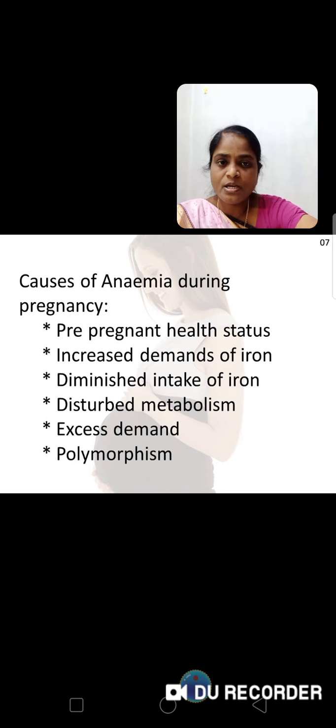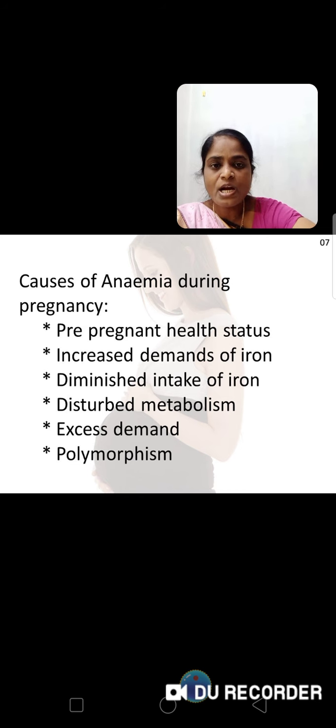And yearly, frequent pregnancy, prolonged lactation, multiple pregnancy, and a previous history of health conditions may lead to anemia in pregnancy. And next is increasing demand of iron.